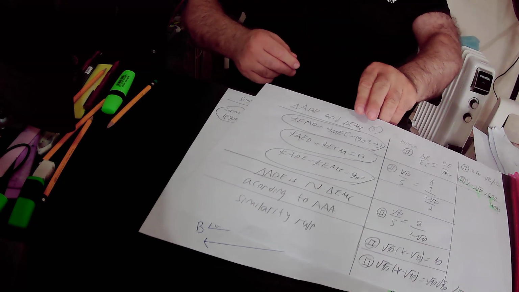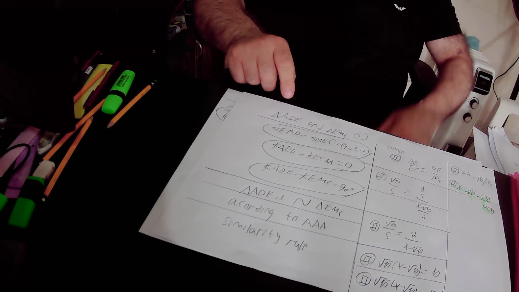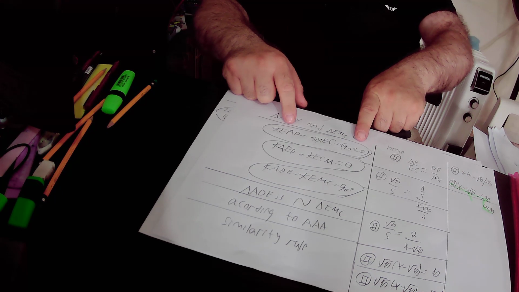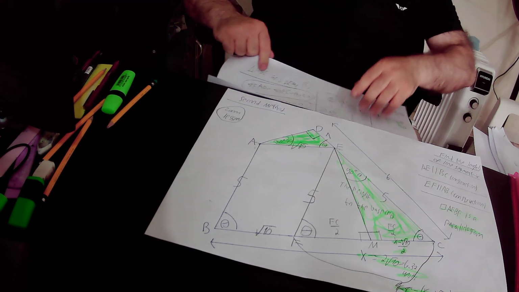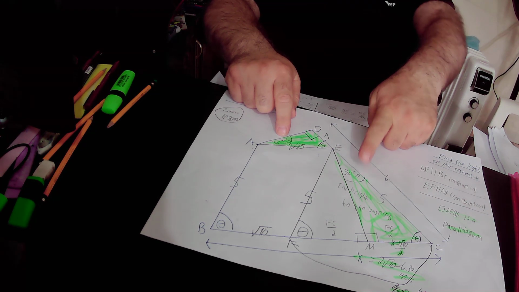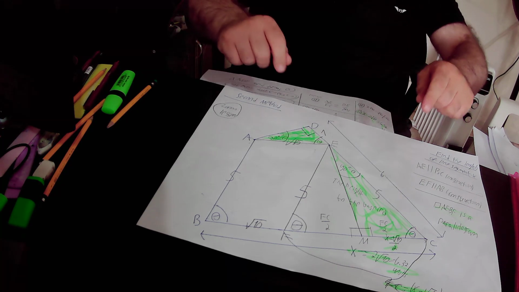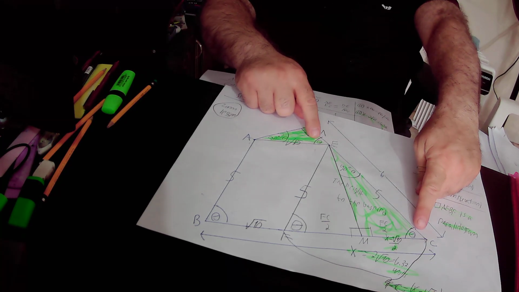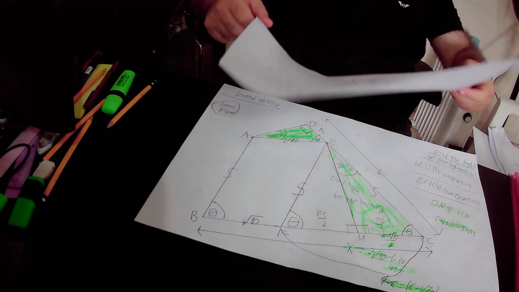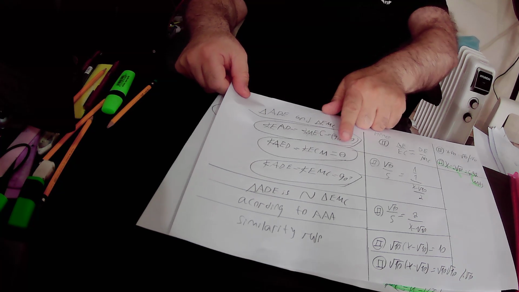Why are these two right triangles similar to each other? First of all, angle EAD equals angle MEC, and both are equal to 90 degrees minus theta, therefore they are equal to each other. In addition, both angles are equal to theta, so angle ADE equals angle ECM equals theta.